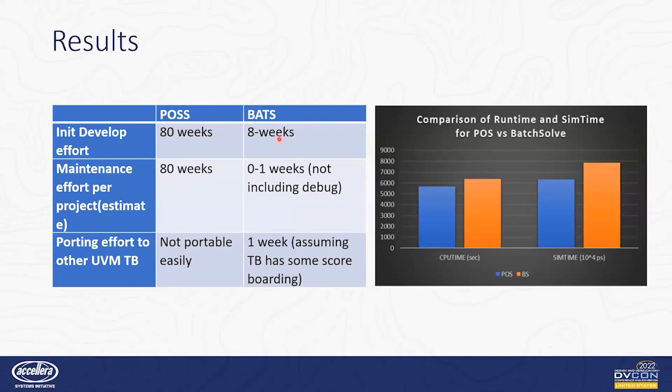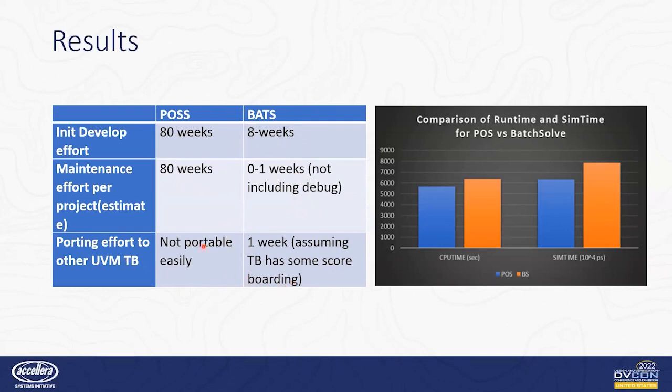We developed and ran BATS towards the end of the project, and we found that the initial development effort is 8 weeks compared to POSS, which takes 80 weeks of development effort, which is a 10x reduction. Maintenance, we expect it to be nothing more than 0 to a week, because the method is immune to microarchitectural changes, and it's also very portable.